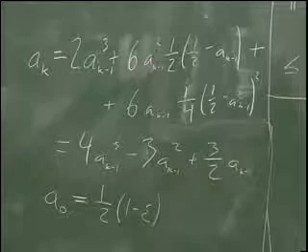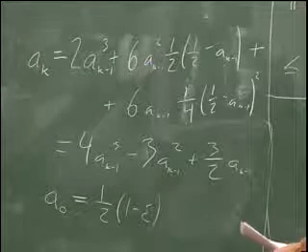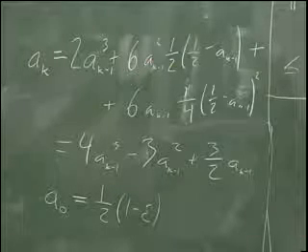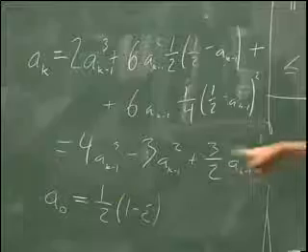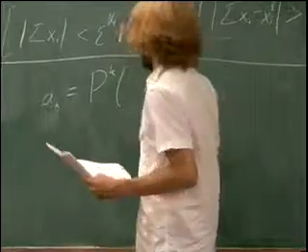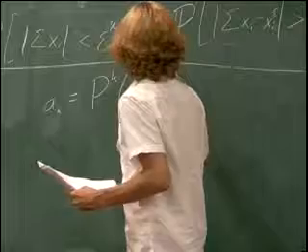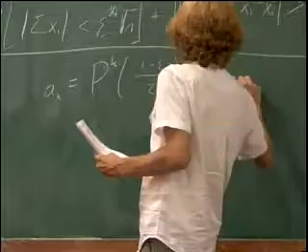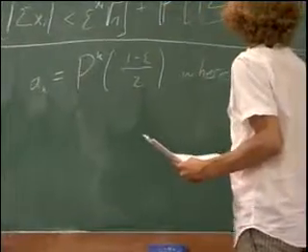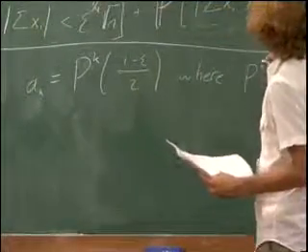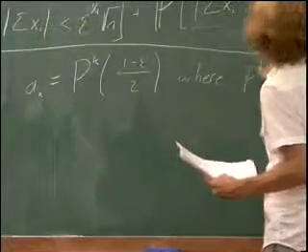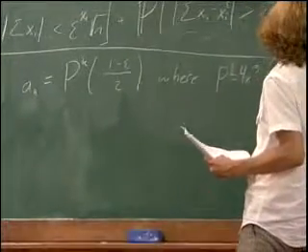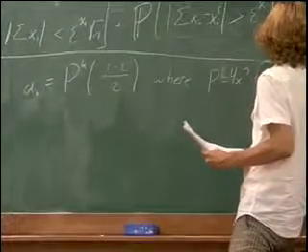What comes out in the end is that A_k is going to be the kth power of the polynomial P applied on 1 minus epsilon over 2, where P equals 4x cubed minus 3x squared plus 3 halves x.